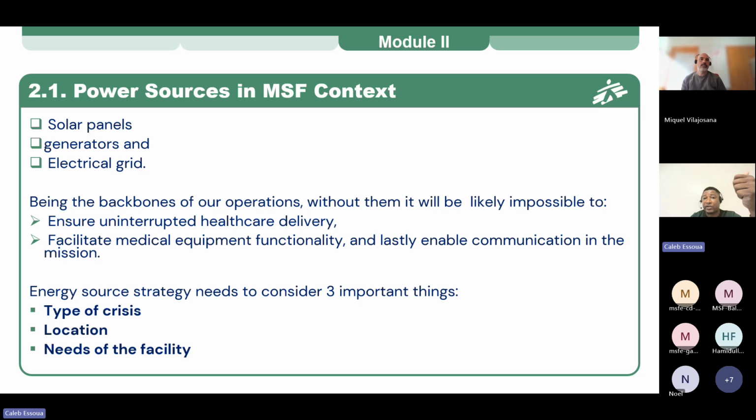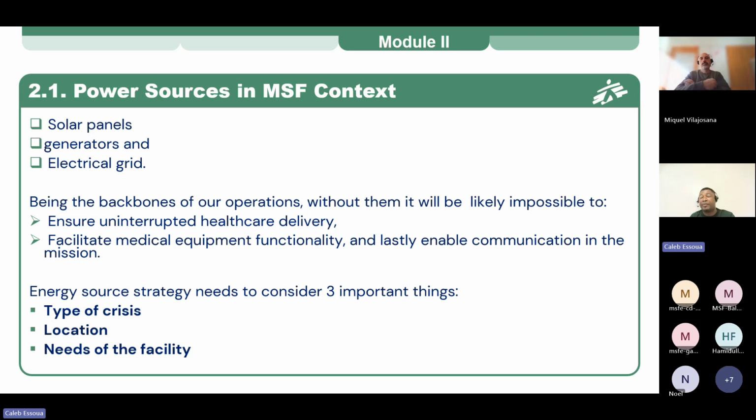When I talk about location, it is for you to think: does the area have enough sunshine, for example, if I want to use solar panels, or does it have fuel that can help me run my generator? If I have to choose a generator, I have to make sure that in the location where I'm going to put it, I am able to get fuel. If not, this can be impossible.